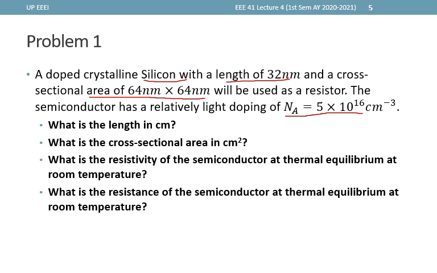The questions are: what is the length in centimeters? What is the cross-sectional area in centimeters squared? What is the resistivity of the semiconductor at thermal equilibrium at room temperature? And lastly, what is the resistance of the semiconductor at thermal equilibrium at room temperature?